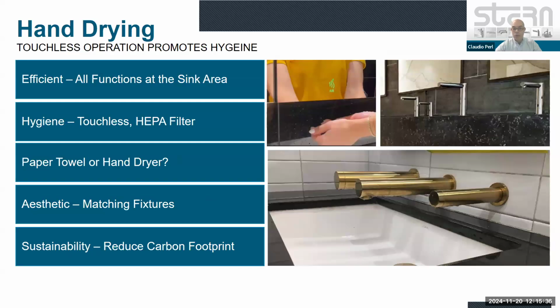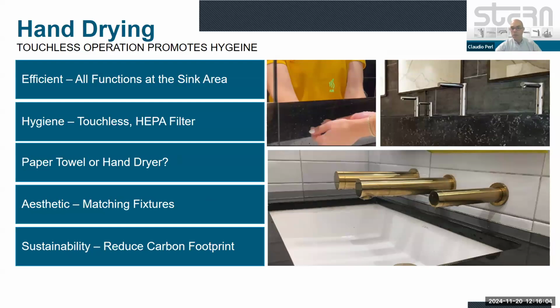When it comes to hand dryers, it's also ideal to specify them in this type of application, especially because, generally speaking, hand dryers are installed on the wall away from the sink. Therefore, users have a very difficult experience washing their hands and walking all the way to the wall where the hand dryer is installed.